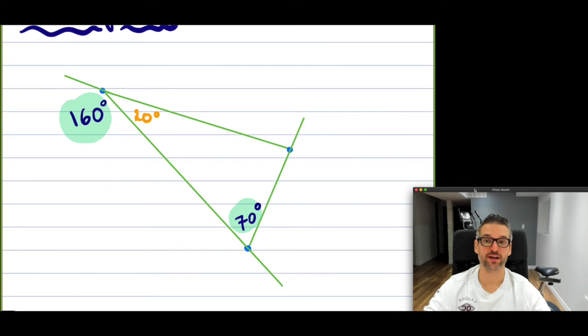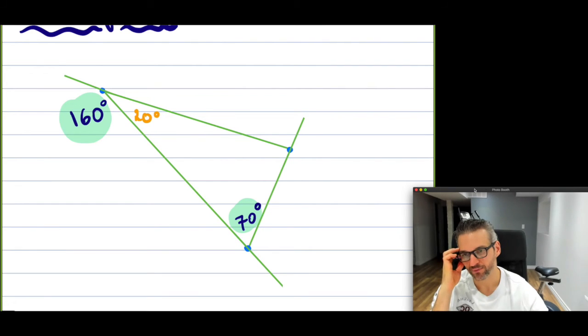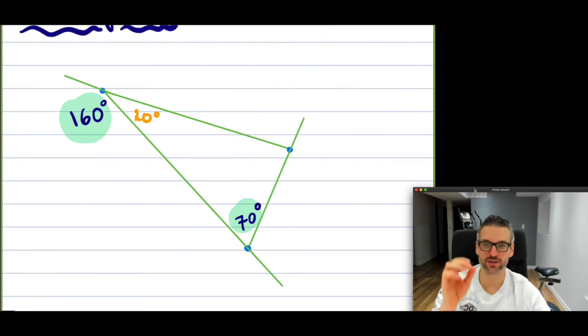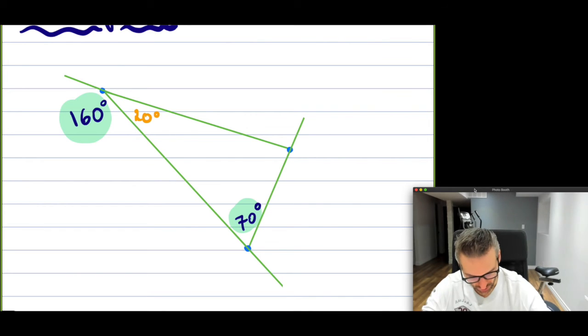So I know another interior angle. If I know two interior angles, 20 degrees and 70 degrees, that tells me about the other interior angle, because the summation of them is 180 degrees. So 180 minus 20 and then minus 70 is equal to 90 degrees.